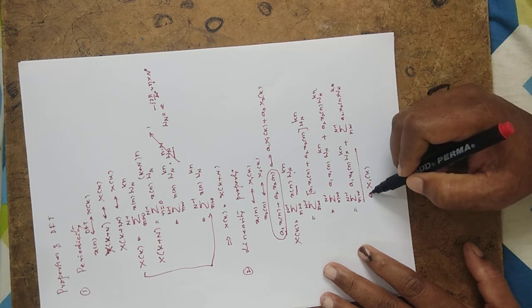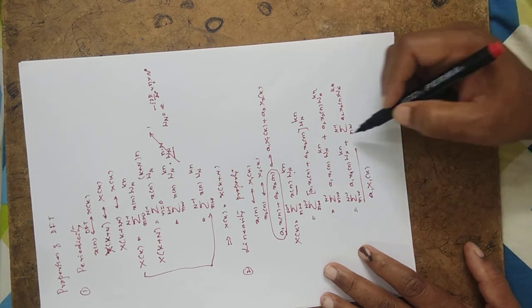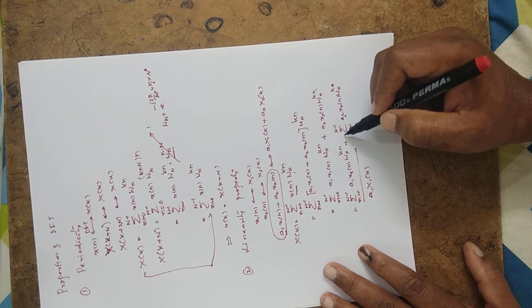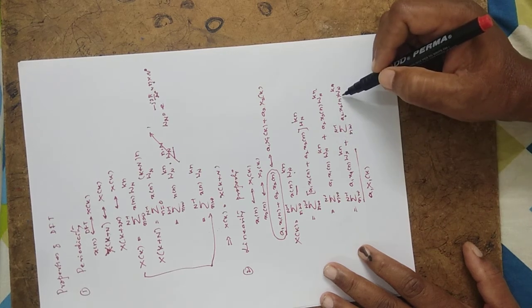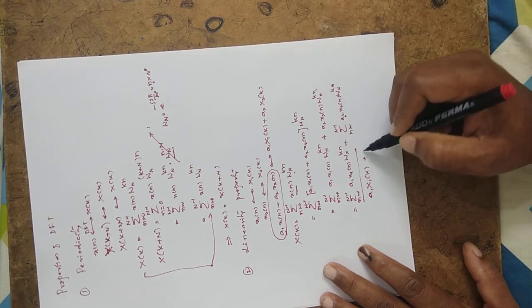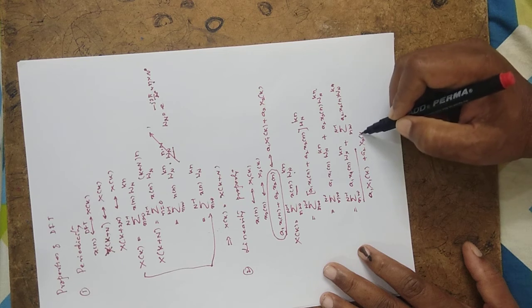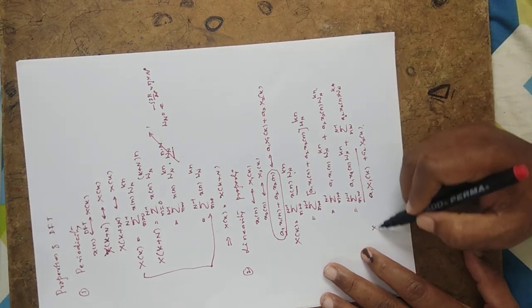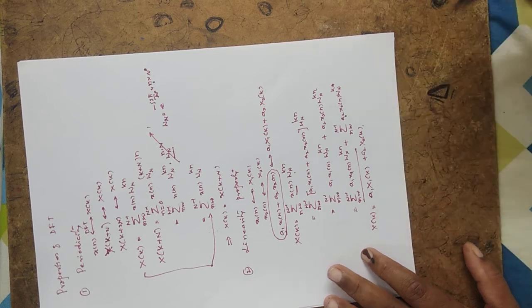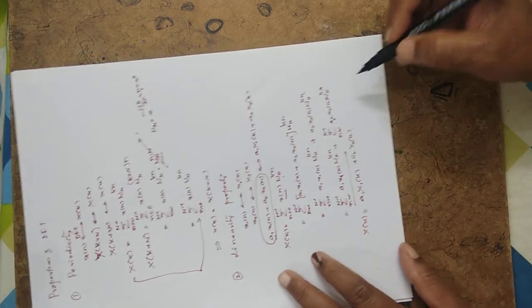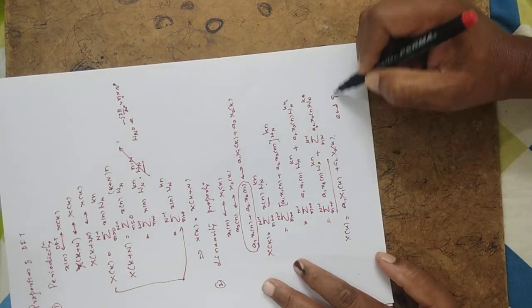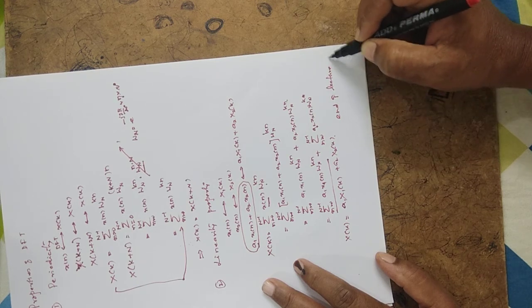So this will be a1 X1 of k. Okay, a2 outside I will take it, and the rest of the terms become X2 of k, so plus a2 X2 of k. So this is proved. So this is the end of lecture 6.